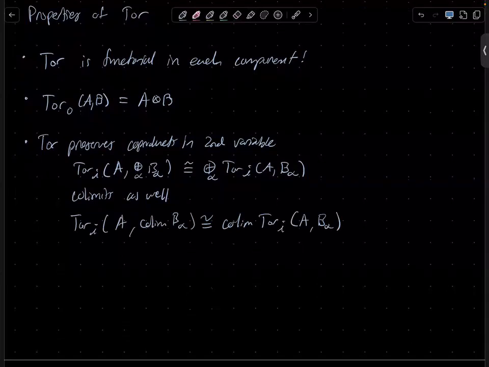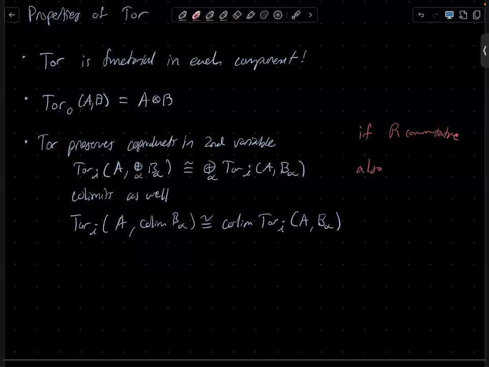And so if R is commutative, you can flip it around. Then this is also true in the first coordinate. But then here it changes to limits and not colimits. Sorry, limits in the first variable. Okay, that's just a fact, fun facts.